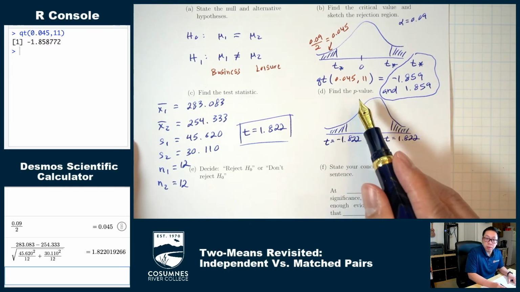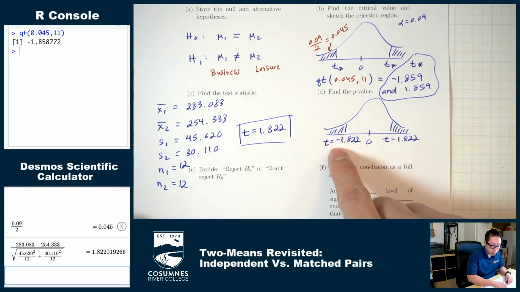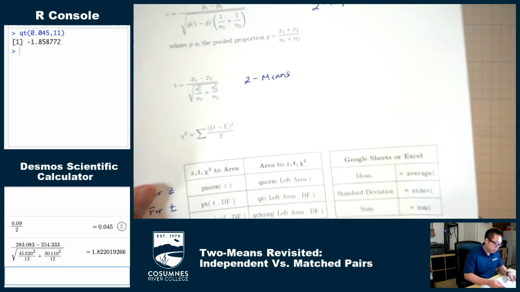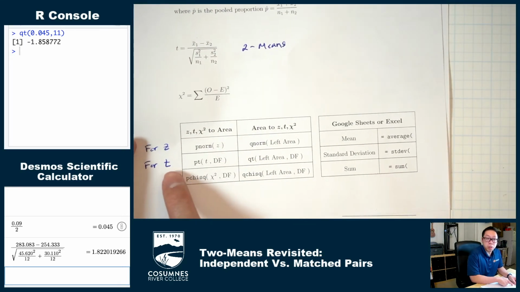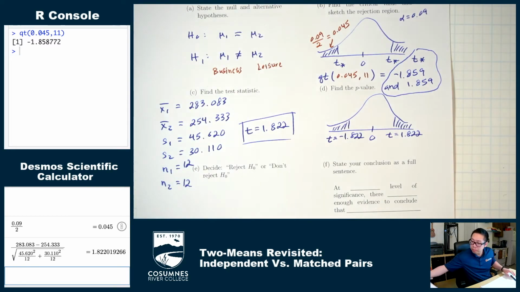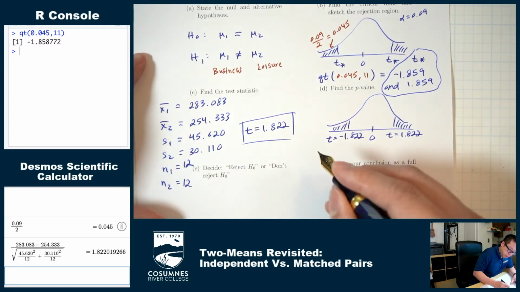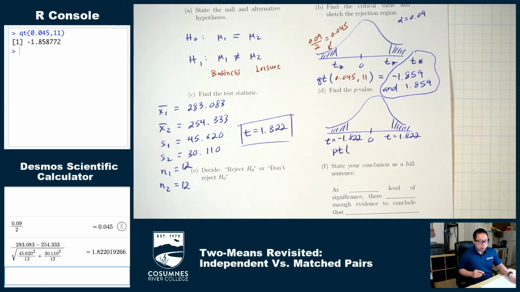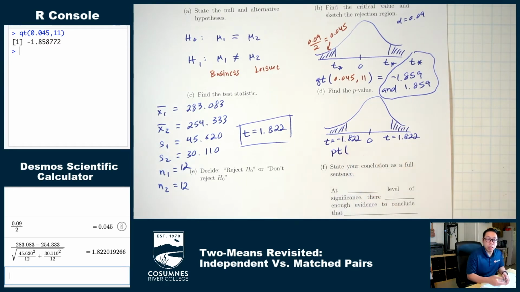That's the p-value. This is really a T to area problem. T to area for the T situation is PT, T comma DF. Now, which T do I plug in? Remember, the way PT and pnorm works is you feed it a T or Z, and it's going to spit out the left area, so whatever area is to the left of the T or Z you plugged in.